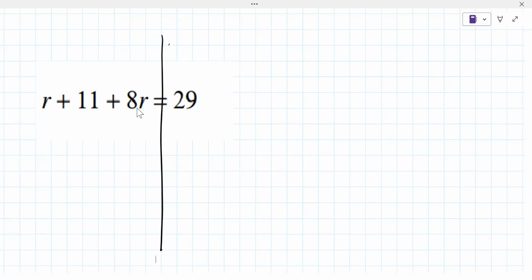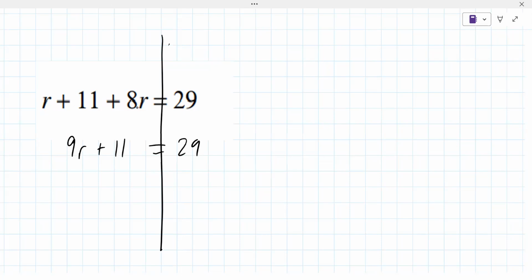And then you would subtract 11 from both sides. That's 11 and 29, right? Yes. Subtract 11, so it would be 9r equals, let's see, 18.